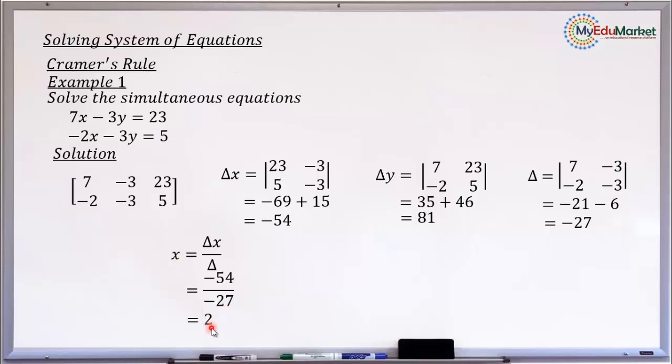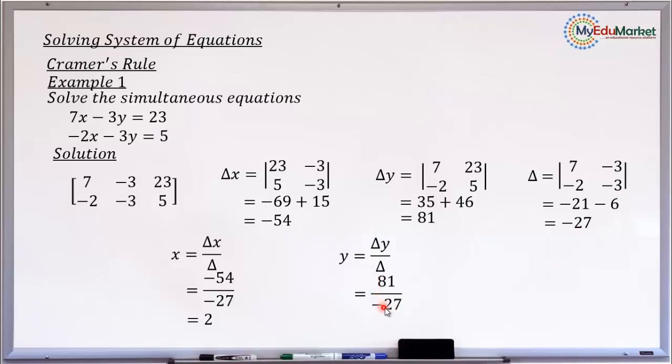Let me move and get the value of y. So y would now be given by the formula delta y over delta. I have delta y as 81. Look at it here. And I have my delta as minus 27. So let me substitute. I'm going to have 81 divided by minus 27.